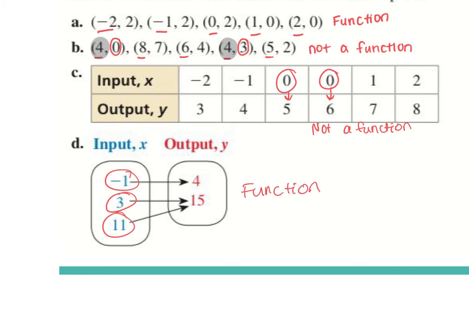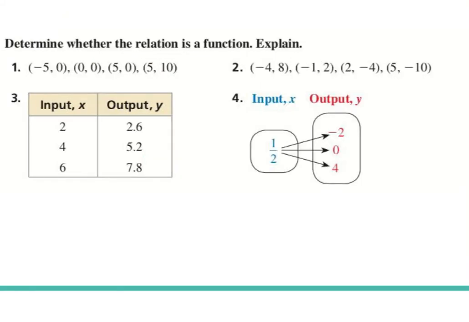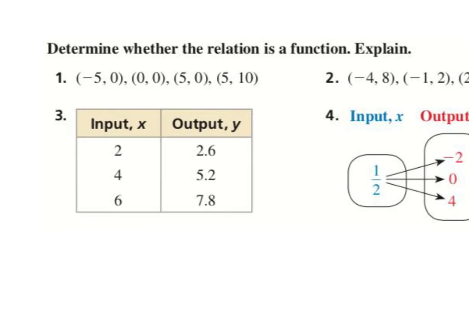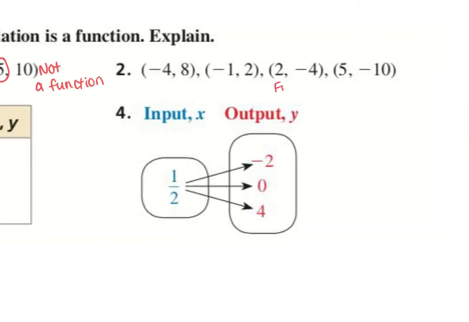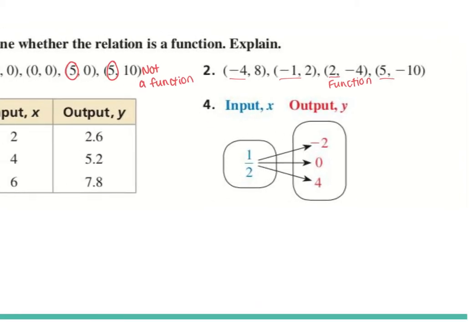Okay, and let's do a few more examples. So let's take a look at these. In the first one, this would not be a function because the 5s are repeated, so not a function. The second one, we can say that it is a function because the negative 4, the negative 1, the 2, and the 5 are all different values.